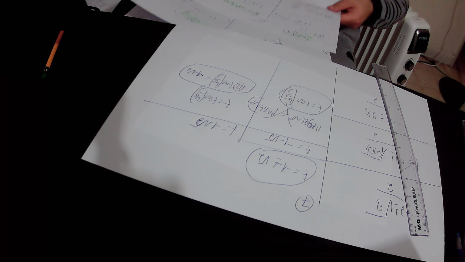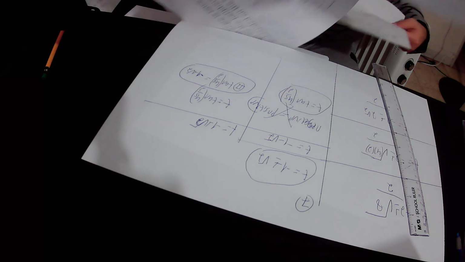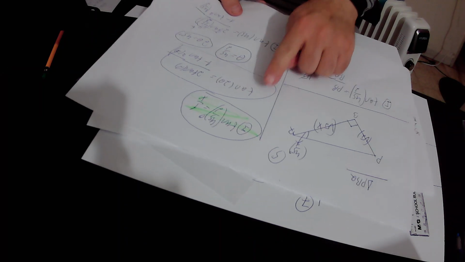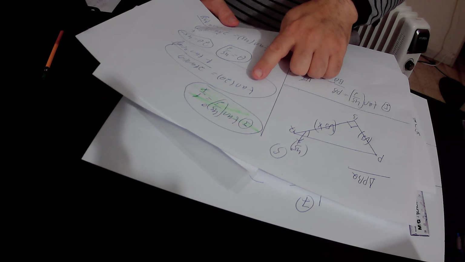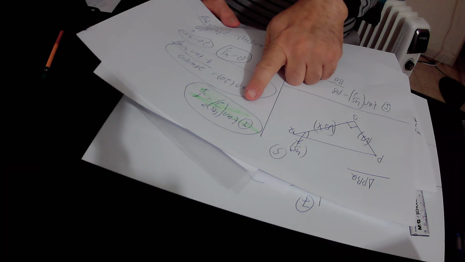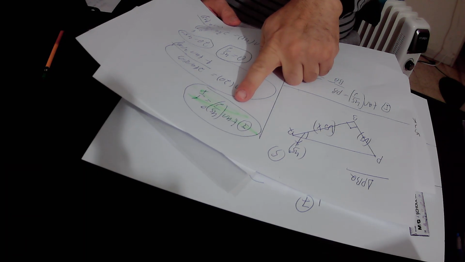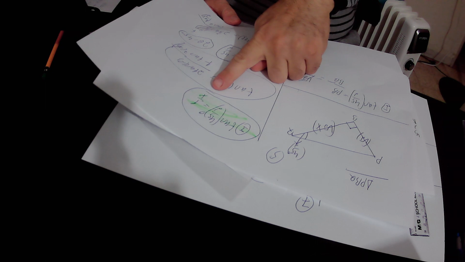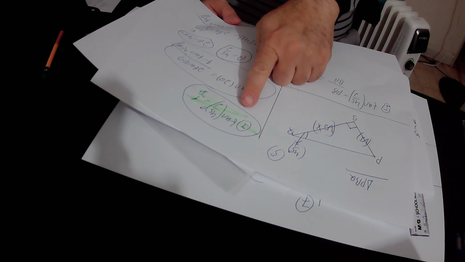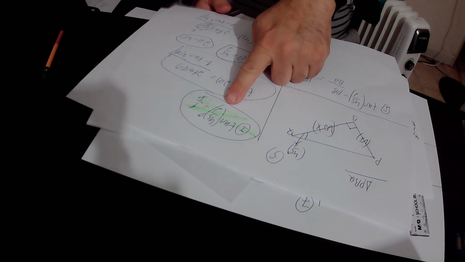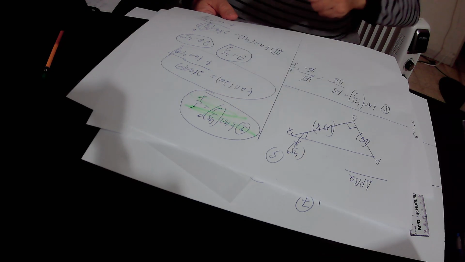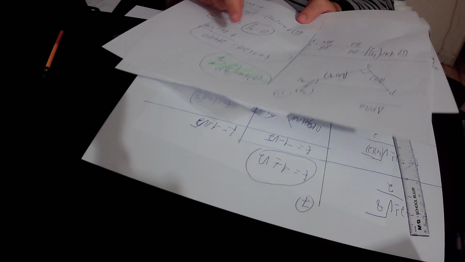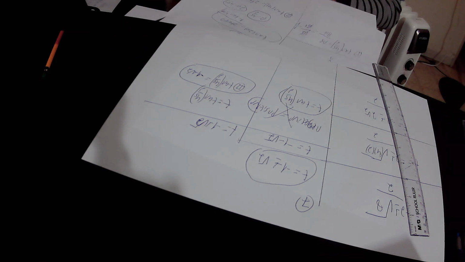Here, according to equation number 1, we have already found out that tangent 45 over 2 degrees equals 1 over x. So I copy this equation number 1 in here.